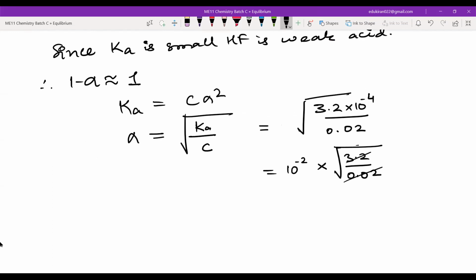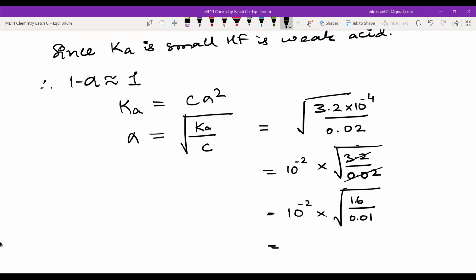Yes or no? The 10 to the power minus 2 comes outside, okay? 10 to the power of minus 2 into under root of, this is equal to 1.6 divided by 0.01. Yes or no? Yes. Tell me, guys.